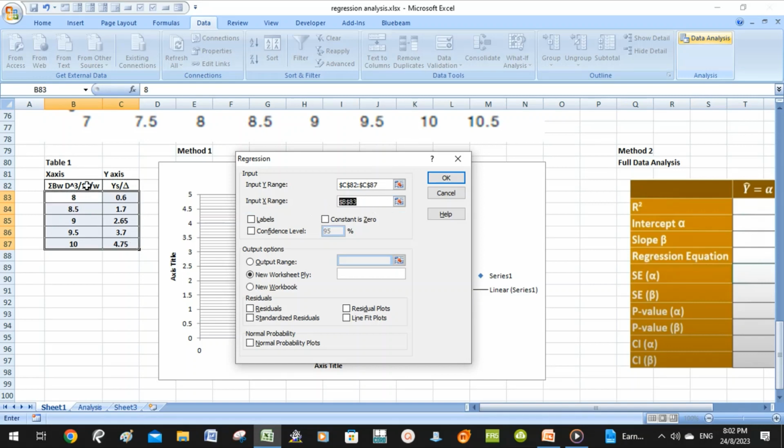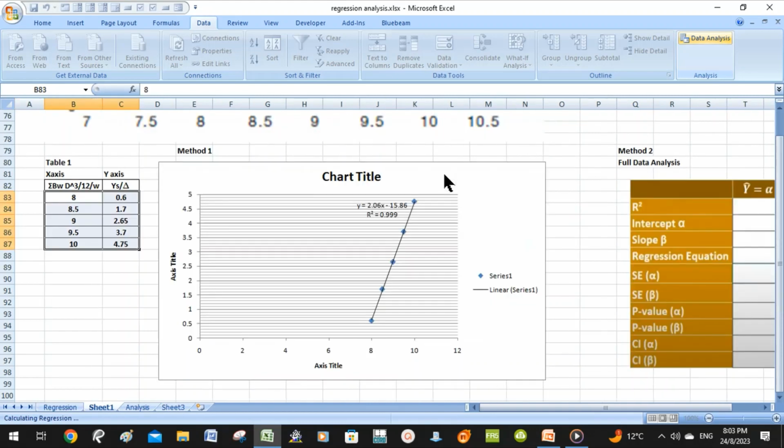Step 5, enter a name for the location of the output results in a new worksheet. In this case, we will call the new worksheet regression. So all the results will automatically be inputted in the new worksheet. So we just type regression and then press OK.